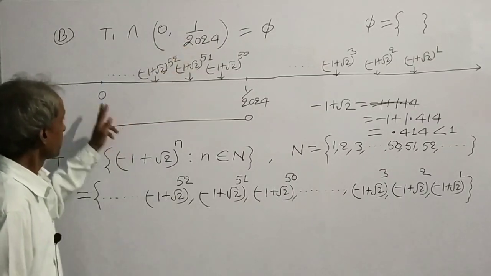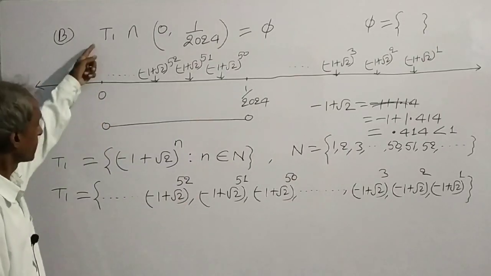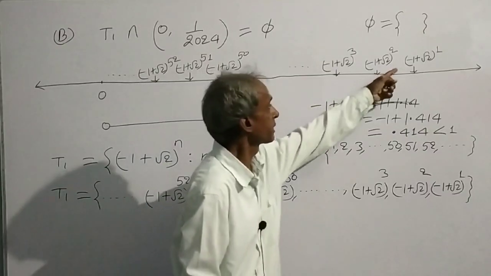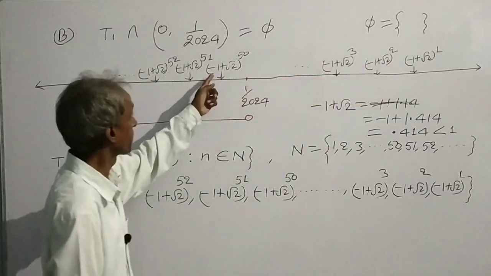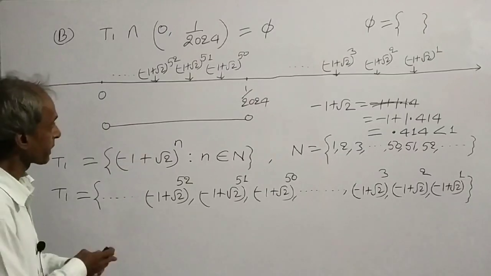This set is from here to here, and this T1 set is in this T1 set. This number, this number, this number, and so on are present.